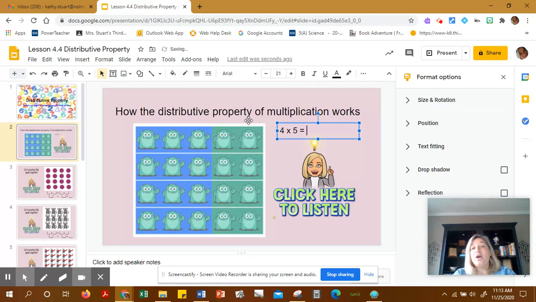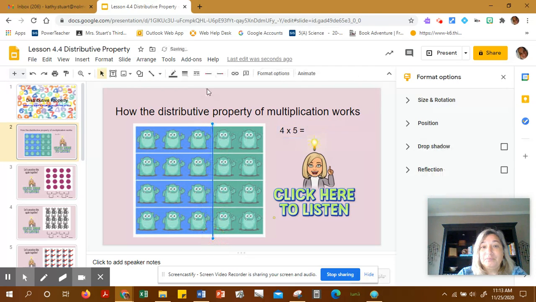equals, now this might be an easy fact for you, but it might be difficult for others. So what we can do is break down this fact. How we're going to do it is we're going to literally break apart this array. So I'm going to draw a line right down the middle here, okay?